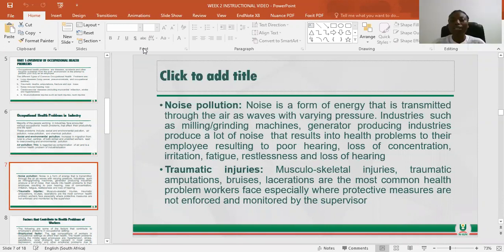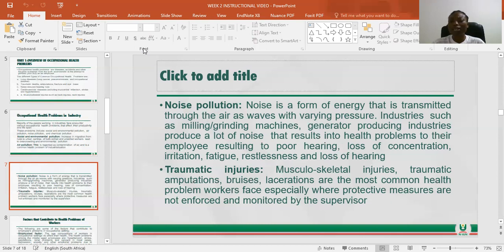So these are different things. People who are working in a construction company sometimes miss their steps while climbing, they fall and sustain trauma, laceration, and so on and so forth.